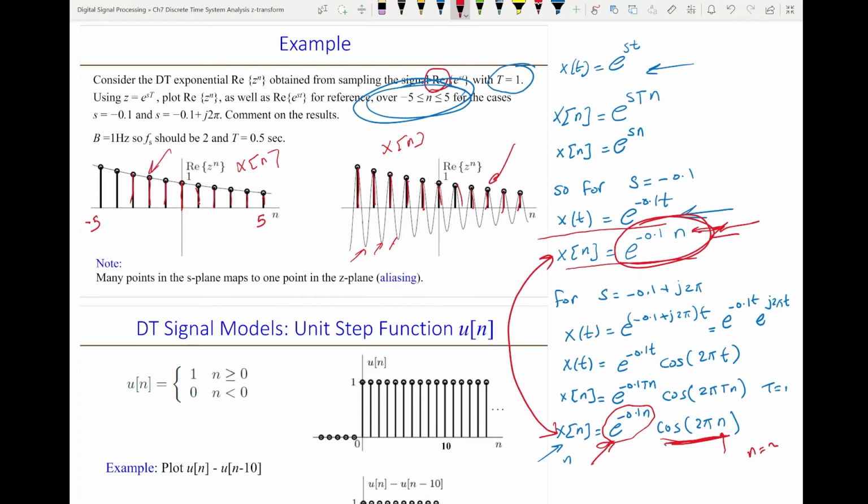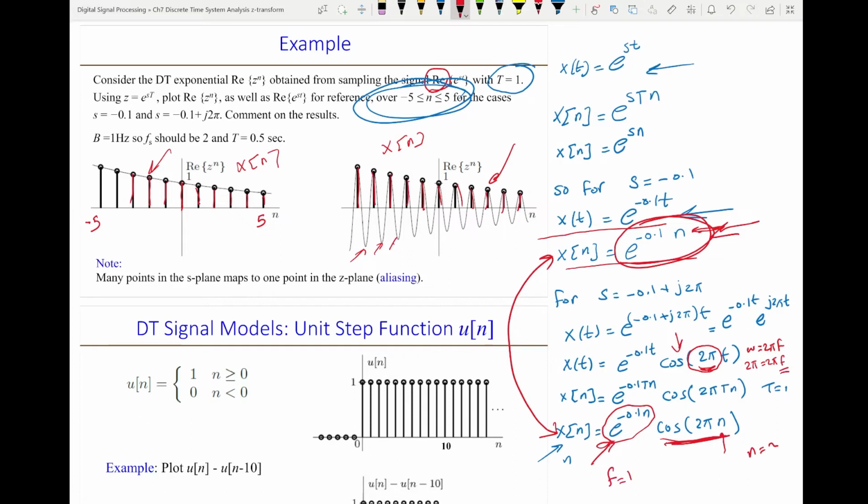Now, do you know why that is the case? Here is why. Omega equals 2πf, and omega for this signal is 2π. So 2π equals 2πf, so f is 1. So for this sinusoid, the frequency is 1.